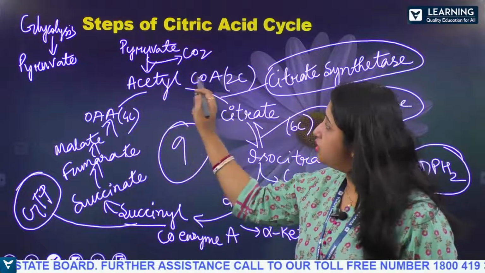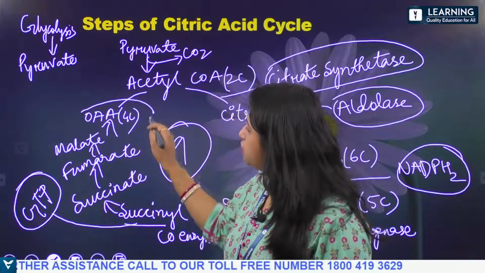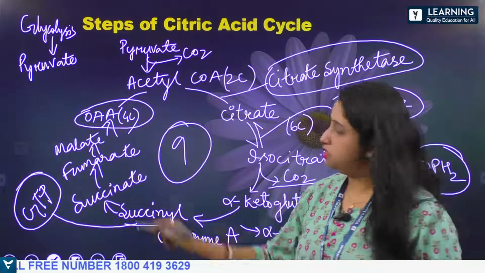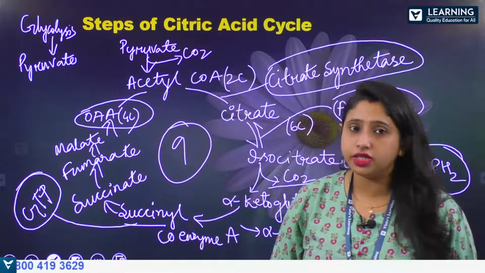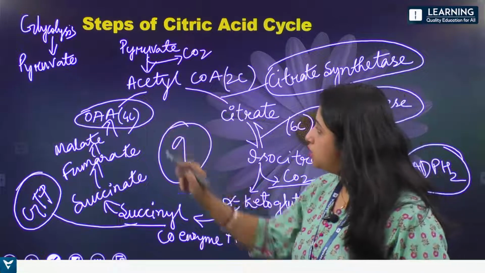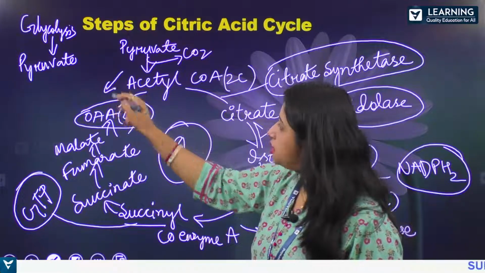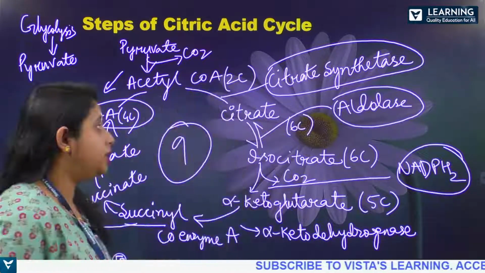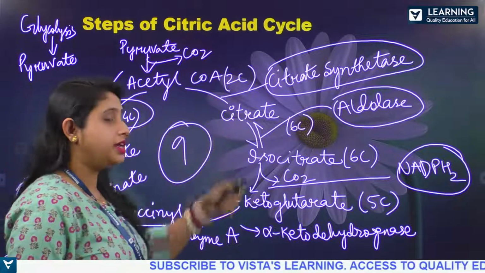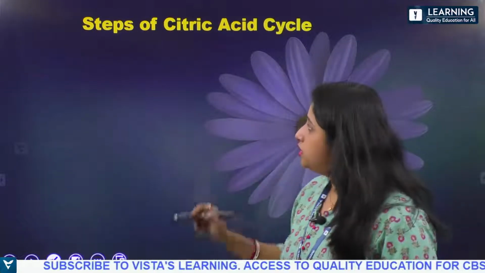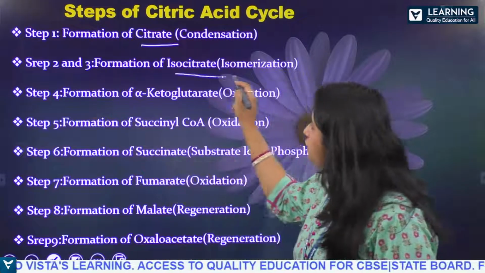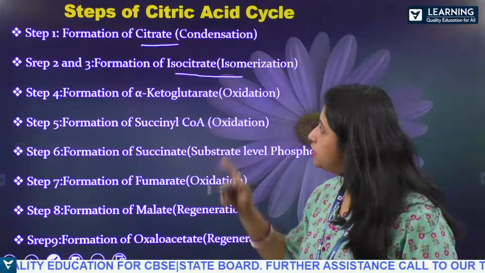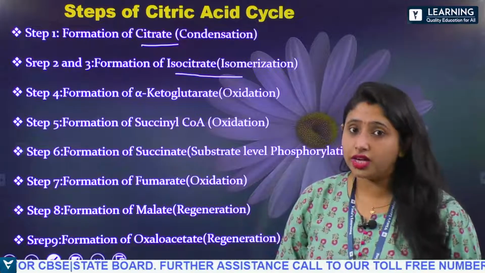The acetyl coenzyme A combines with oxaloacetic acid, OAA, which is a 4-carbon molecule, and leads to the formation of citrate. Is that clear? Now the next step is the formation of isocitrate. From citrate, isocitrate is formed, so an isomerization reaction is taking place.